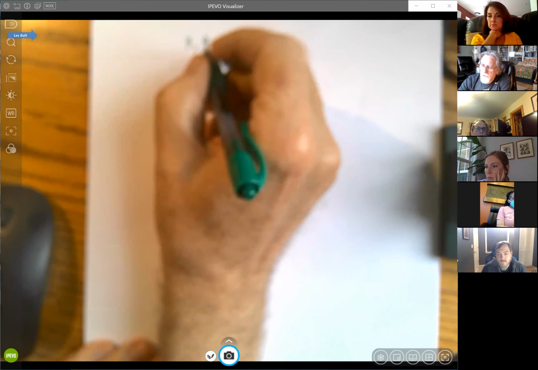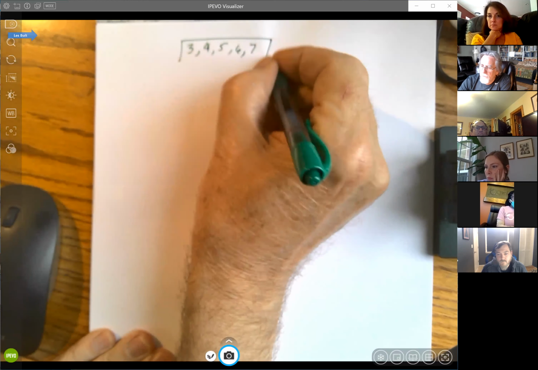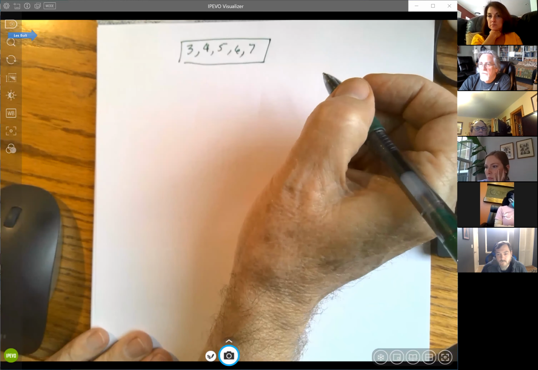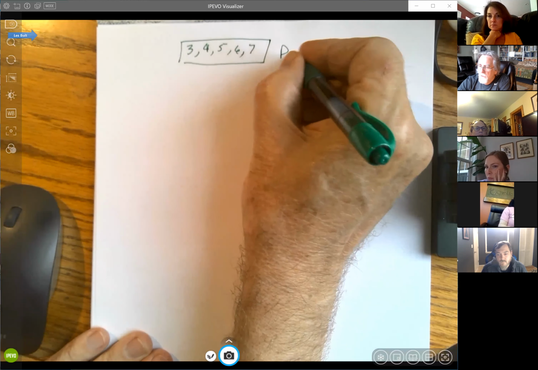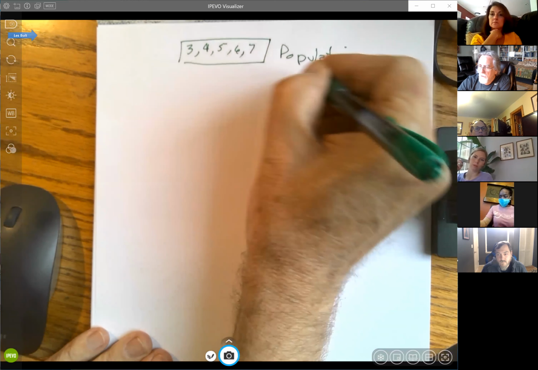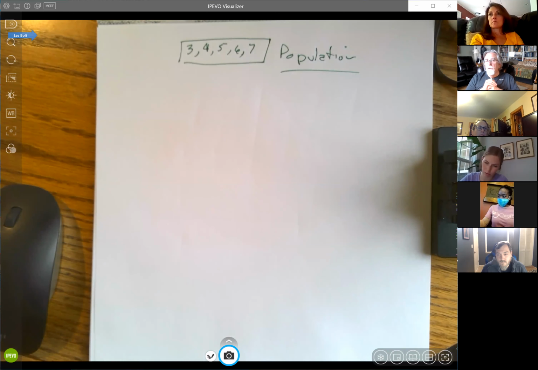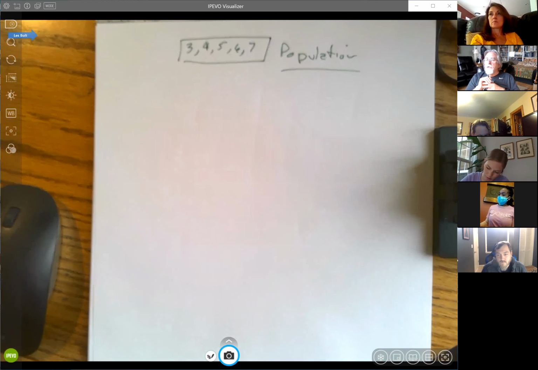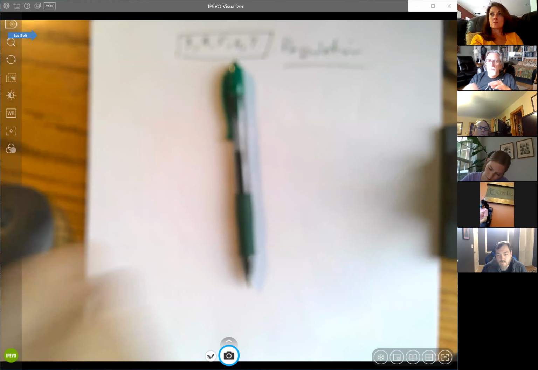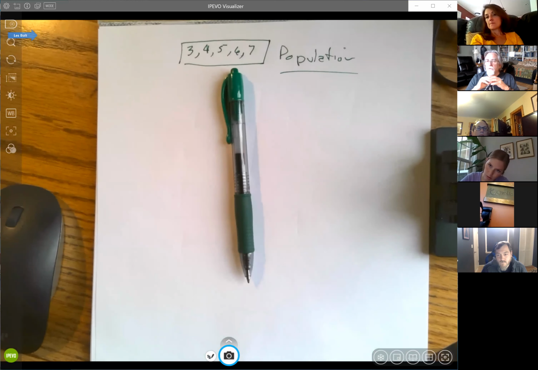If that's the entire population of Gilligan's Island, and we take all possible samples of size 2, that would be 10 samples.